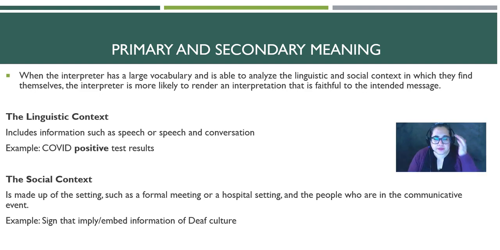And another example I have here that I've listed there on the slide, the very bottom, is the flip side. When you have voice interpretation, as we've seen in the voice interpretations that I've posted, is signs that imply or embed information of deaf culture. You have to consider the social context.